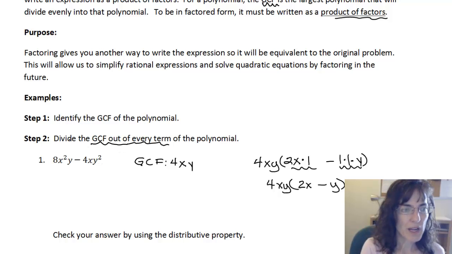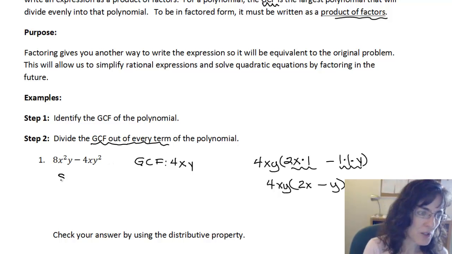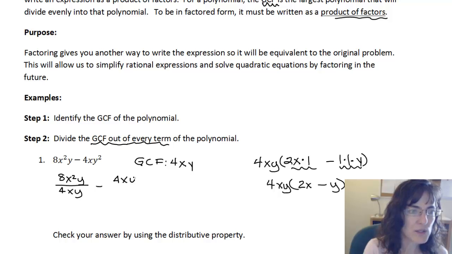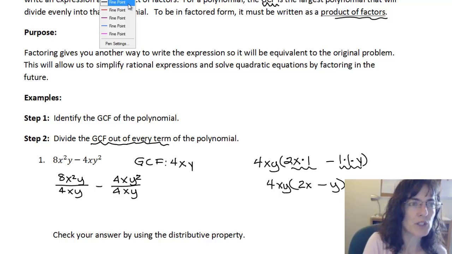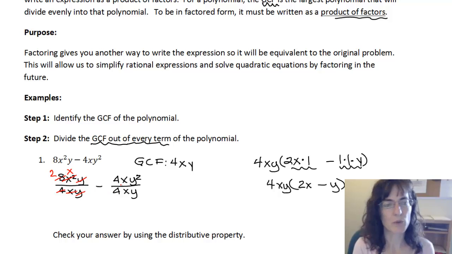Now the other way, divide the greatest common factor out of each term, would look like this. So I'd have 8x squared y divided by the greatest common factor of 4xy, minus 4xy squared over 4xy, the greatest common factor. And then I want to reduce each one, so the 4 goes into the 8 2 times, x goes into x squared x times, and the y's reduce completely to 1.